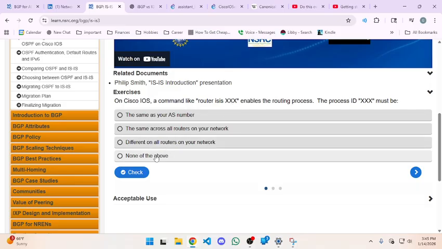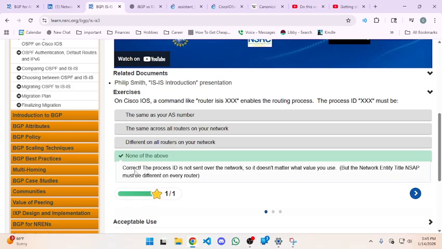Oh, it's none of the above, because the process ID is not sent over the network, so it doesn't matter what value you use. Okay. Well, then it can be different. Oh, it doesn't have to be the same or different. But the network entity title, NSAP, must be different on every router. Okay.